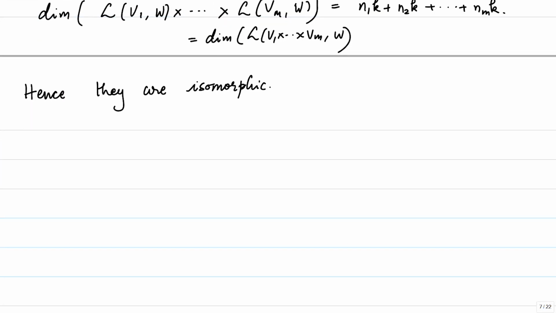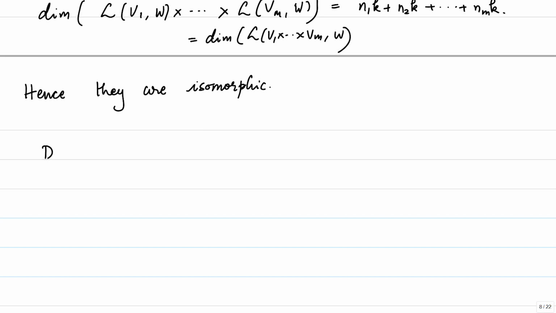Let's give a proof of the problem without putting in the extra assumption that these are finite dimensional vector spaces. In this case, we cannot invoke some powerful theorem and say that yes, they are isomorphic because the dimensions are the same. Now we will try to explicitly construct an isomorphism between these two vector spaces.